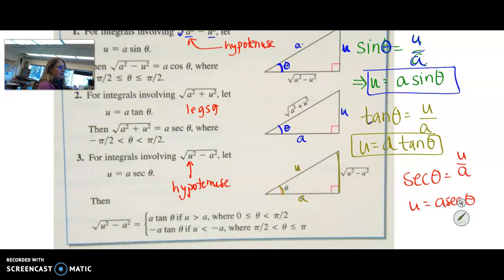If you take the secant of theta, secant theta is equal to the hypotenuse over the side adjacent. Solving that for u, you end up with u is equal to a secant of theta. So when you have the square root of u squared minus a squared, the u is a secant of theta.